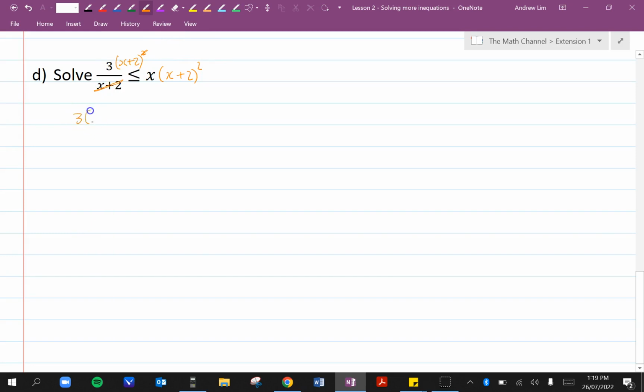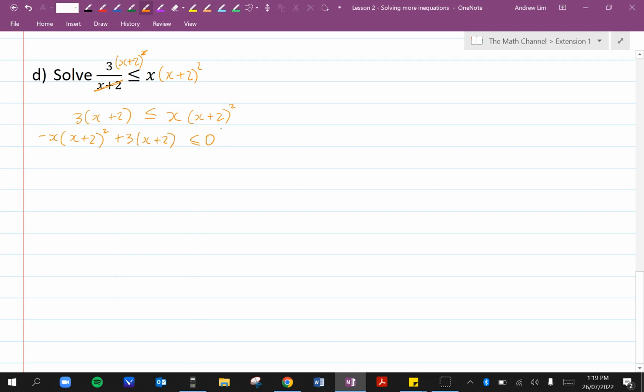So we're left with 3 lots of x plus 2 is less than or equal to x lots of x plus 2 squared. We need to move everything to one side, so we've got the right hand side equal to 0. So I'm going to move this to the left, leaving me with minus x lots of x plus 2 squared plus 3 lots of x plus 2 is less than or equal to 0.